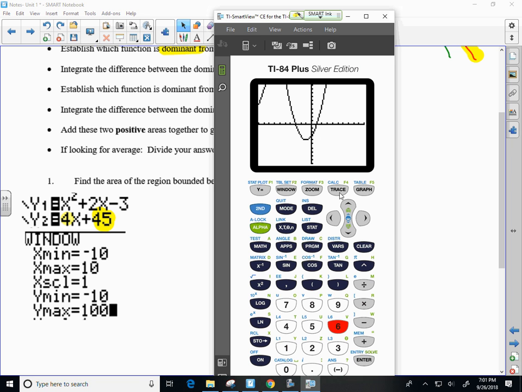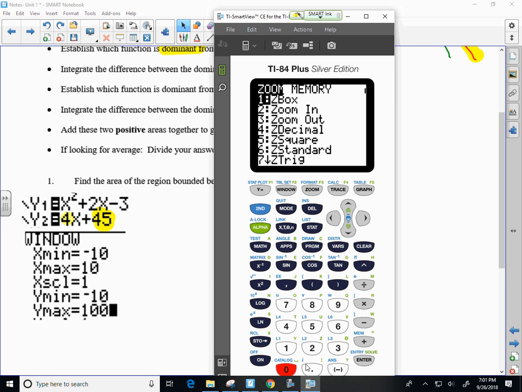So you need to know what your domain is. This domain looks perfectly fine because it covers the important parts of the parabola, but maybe it's not wide enough. I'll start with it. So x min, -10, x max, +10. Then go to y min, hit clear, then zoom 0.